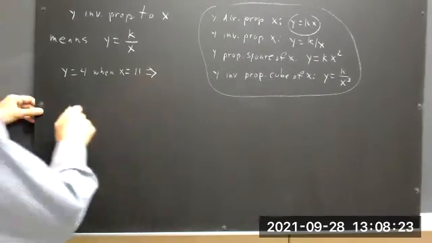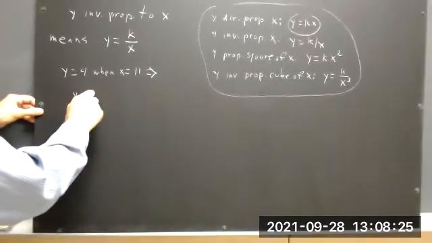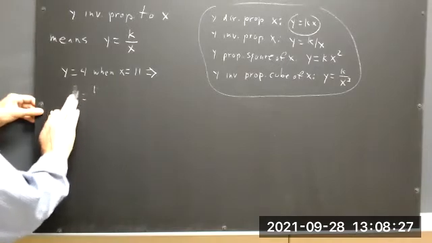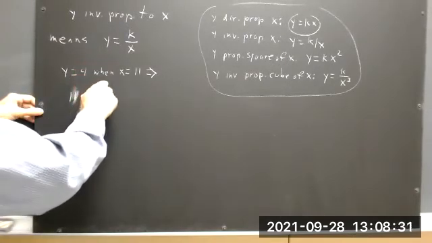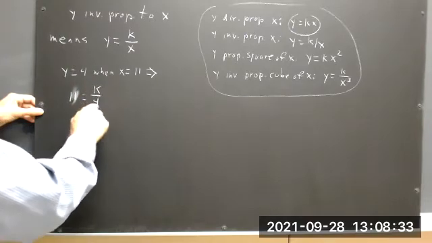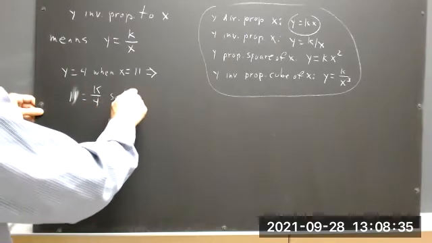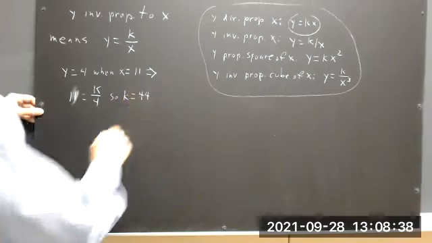That implies 11 times the value of y equals k. So we can easily solve that. k is 44.